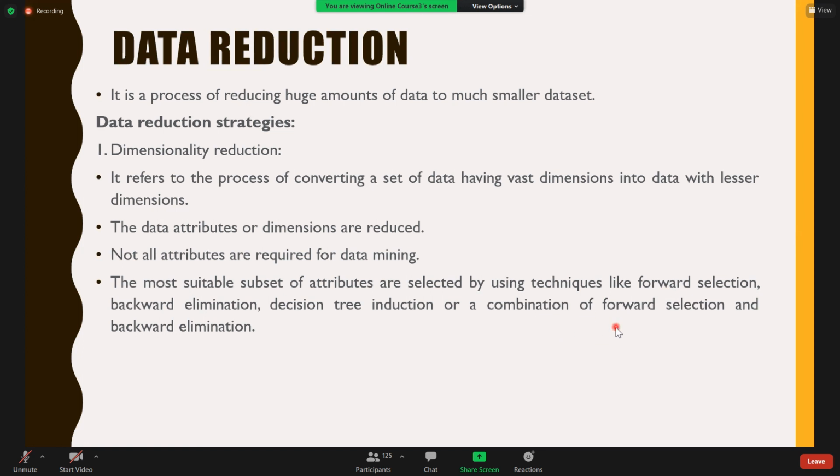These are the four techniques for dimensionality reduction. They are used for selecting the most relevant attributes, and the other attributes are removed or reduced. So dimensionality reduction refers to reducing the attributes or the dimensions.